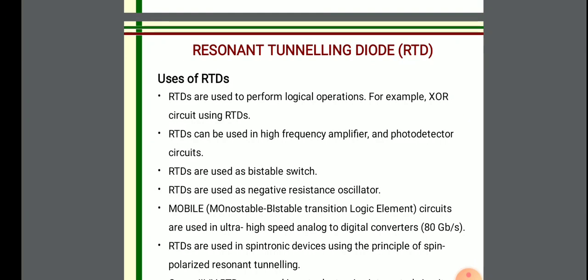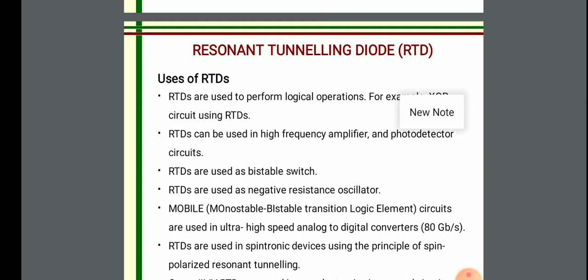It is used as a negative resistance oscillator because it has negative resistance, and it is used in monostable-bistable transition logic elements, that is, MOBILE circuits, used in ultra high speed analog to digital converters.